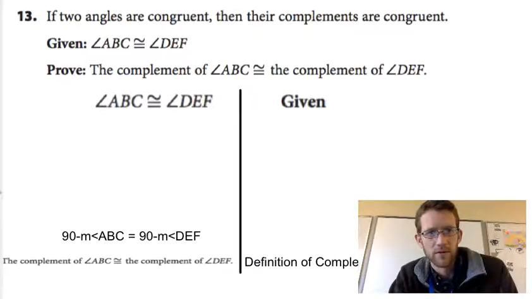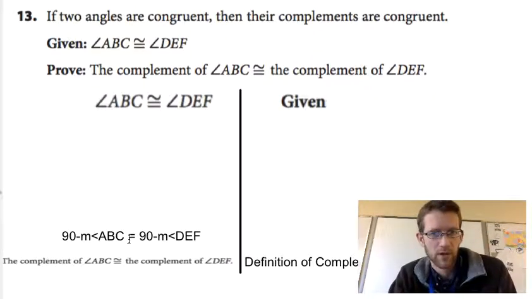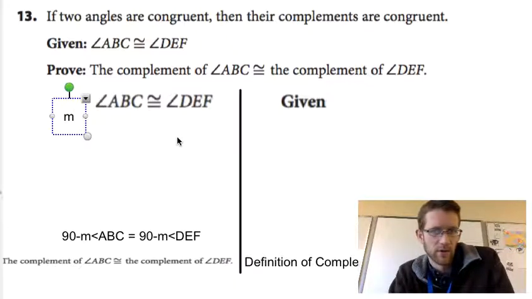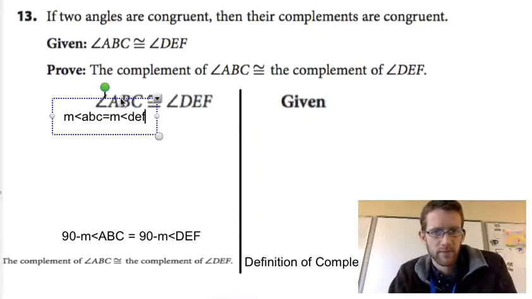And we can throw in another step here. Since we're dealing with congruence, we're going to need to change it into equality so we can do some stuff with it. So I'm simply going to change that congruence statement into an equality statement. Similar to before, I'm going to say the measure of angle ABC is equal to the measure of angle DEF.